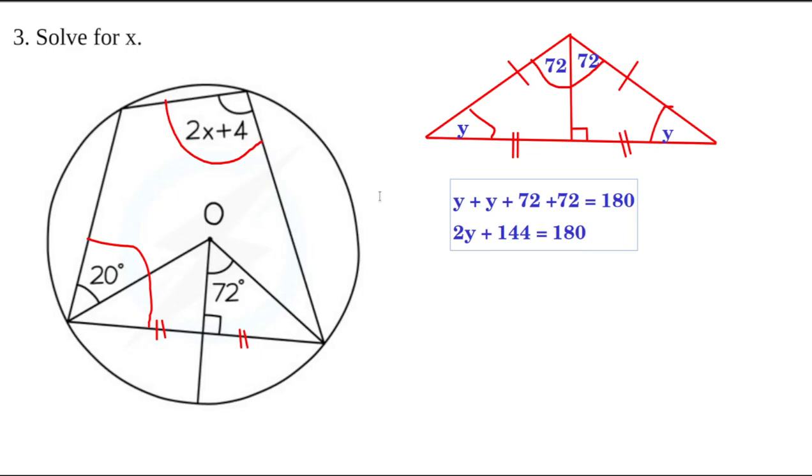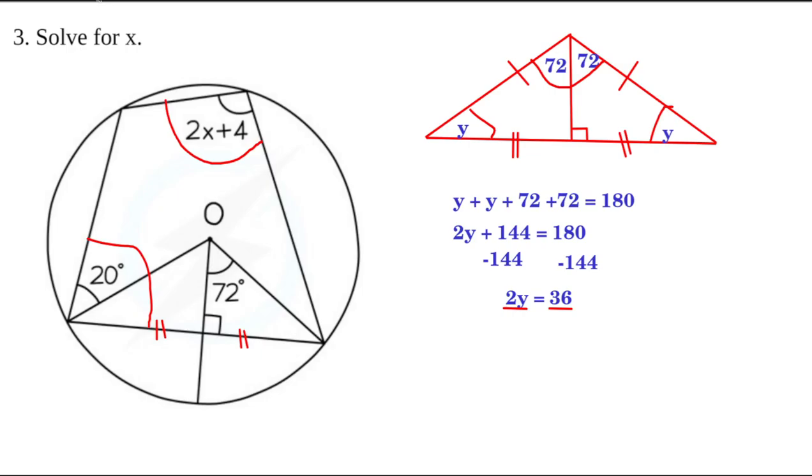Then if you subtract 144 from both sides of the equation, we are getting that 2y is equal to 36. And then to make y the subject, you just divide by 2 on both sides of the equation. We need to isolate our y.